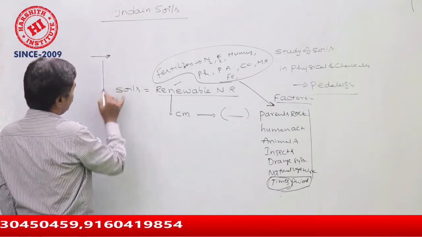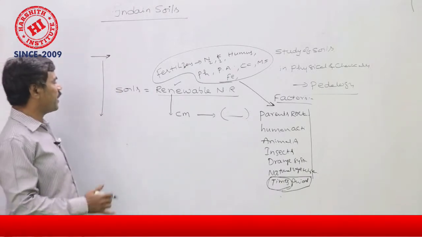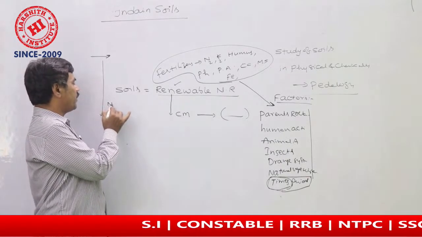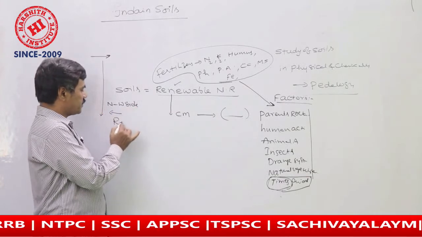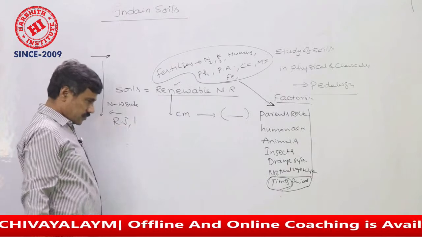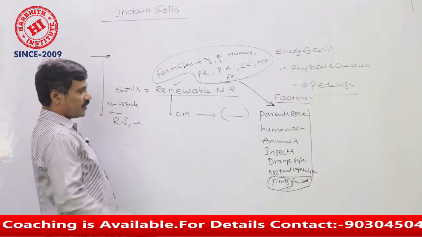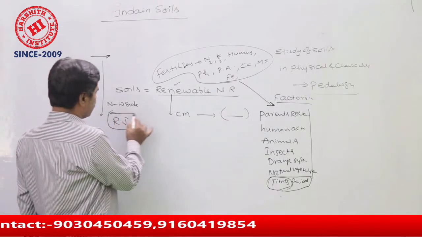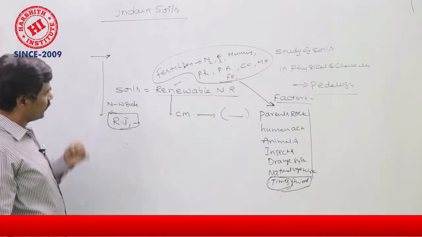In India, the least fertile soil is in the northwestern side of India, in Rajasthan and also some parts of Punjab and Haryana and also Gujarat states, where some spots have low soil fertility.